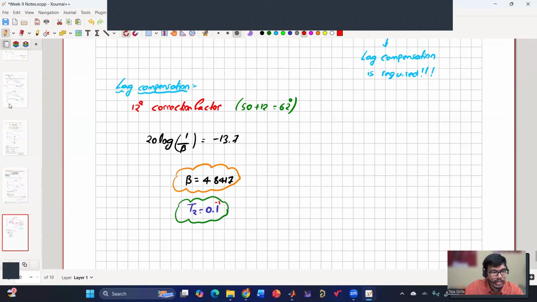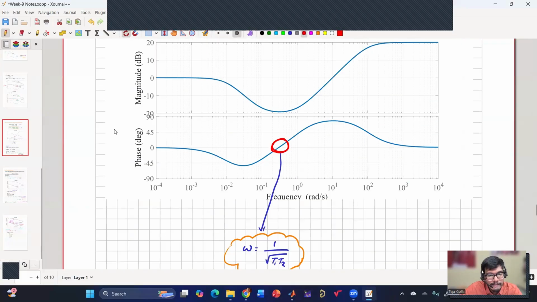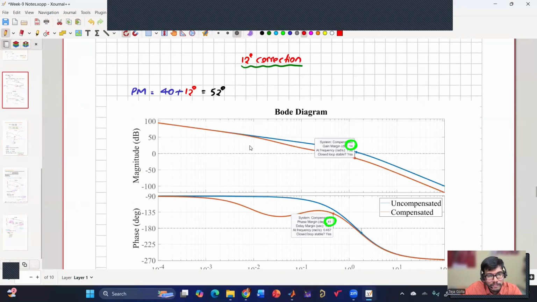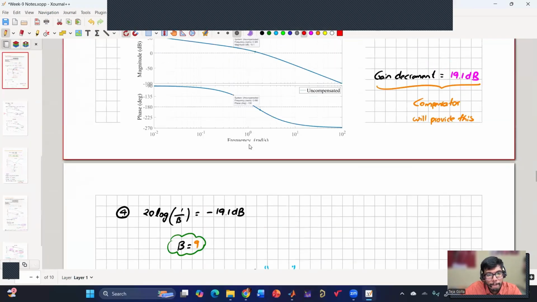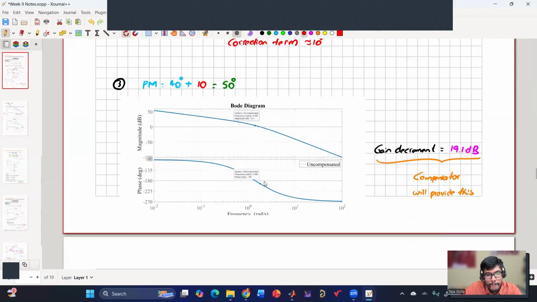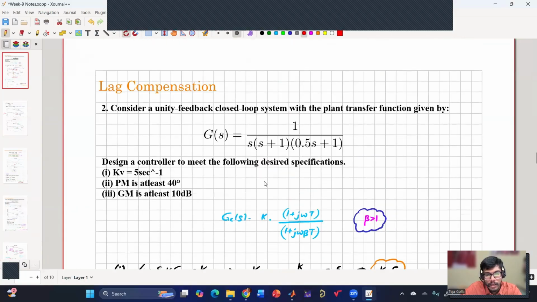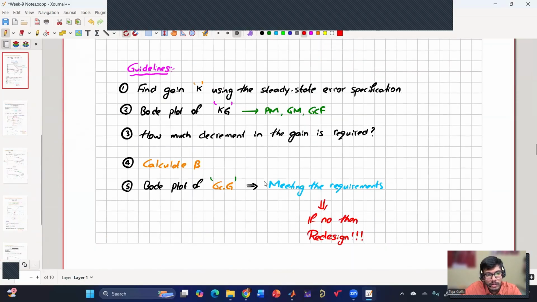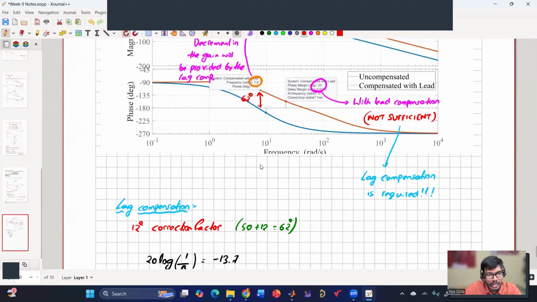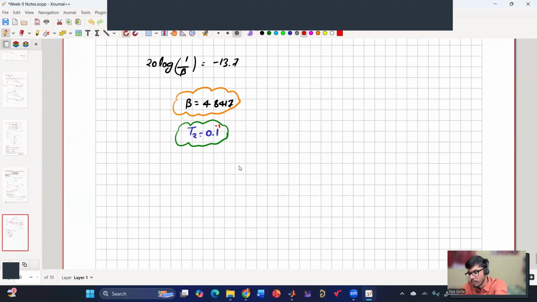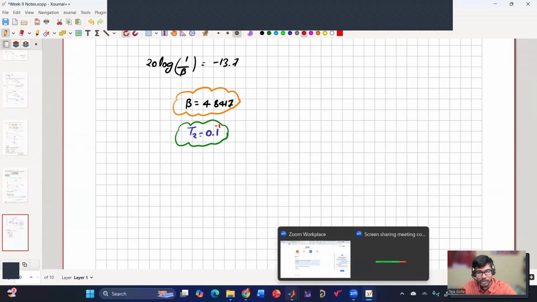Let me see if I have made the same mistake in lag. No, I guess. I think it should be fine. Yeah. T we are considering 1 by 0.1 because omega we are considering 0.1. So T will be the inverse of that.